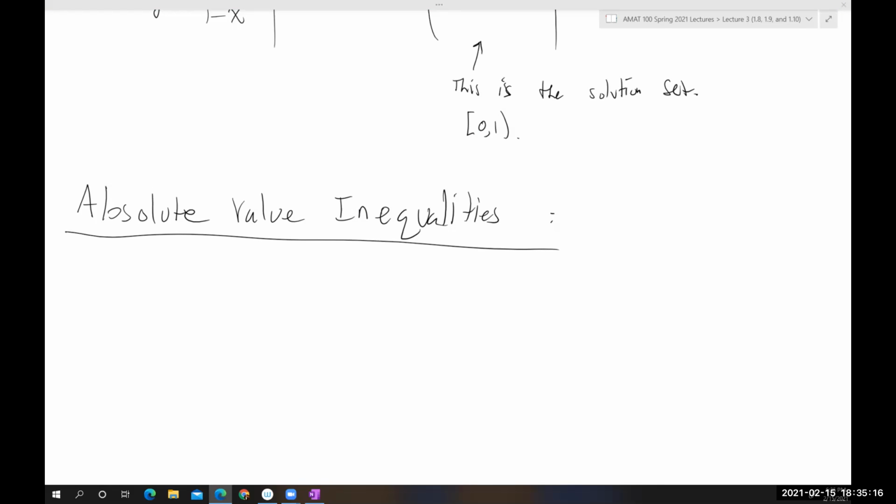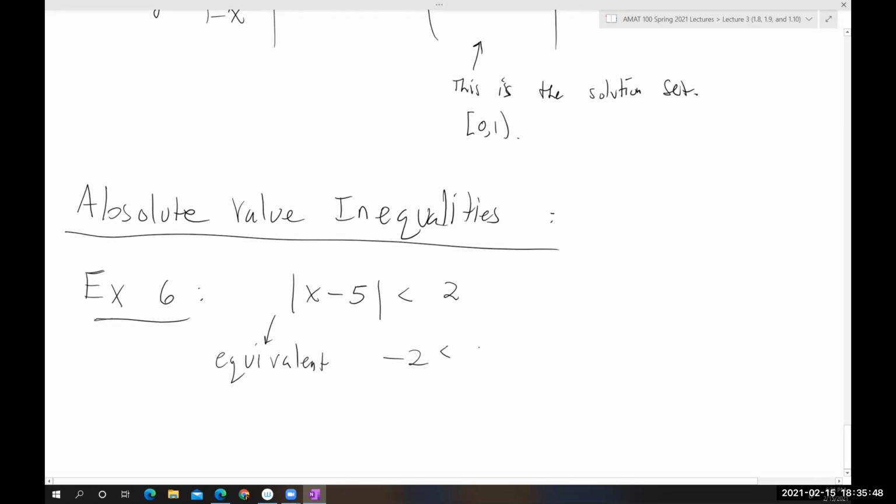And so let's look at some examples. Example 6, and we're asked to solve the following inequality. This absolute value inequality is equivalent to this pair of linear inequalities.